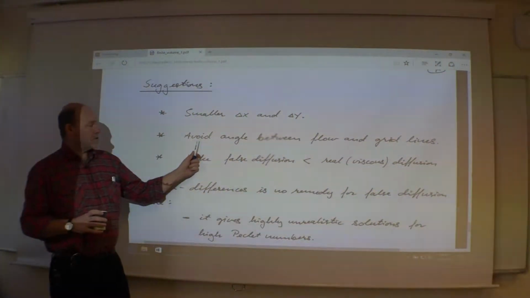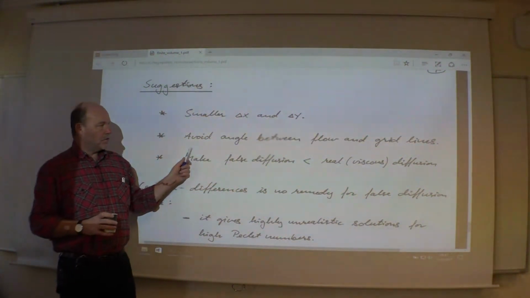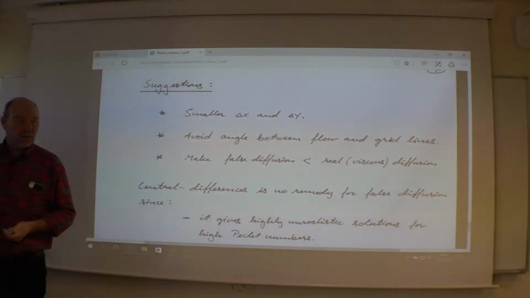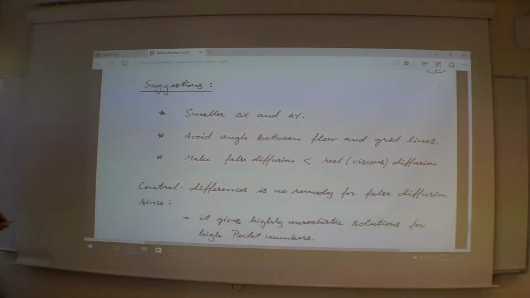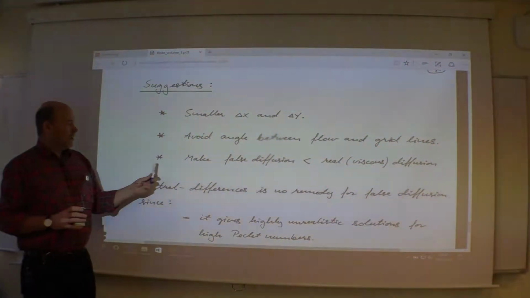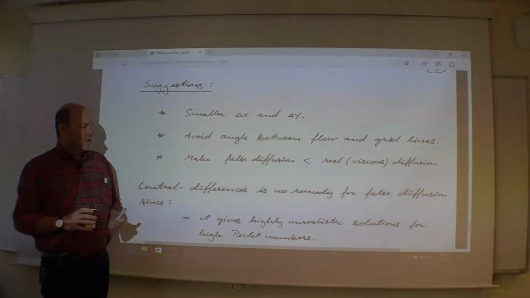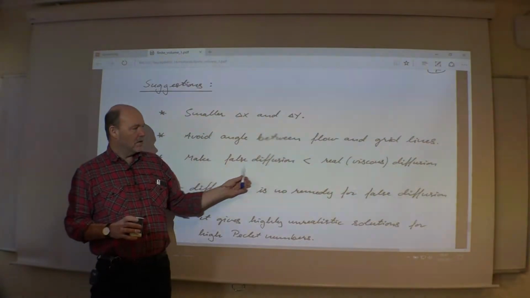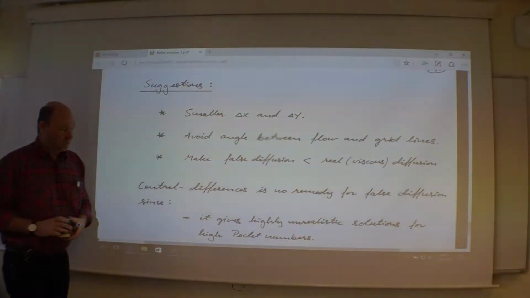Use an unstructured mesh. You create a mesh system that follows the flow. That would be beneficial if possible. And choose a numerical scheme that makes this diffusion smaller than the real one.